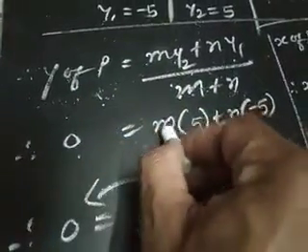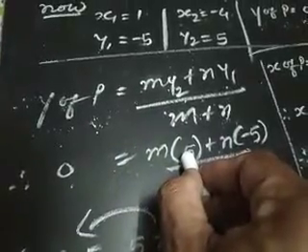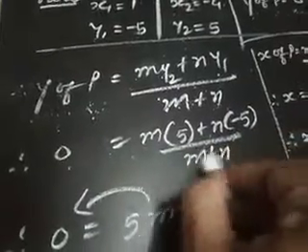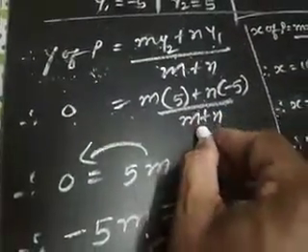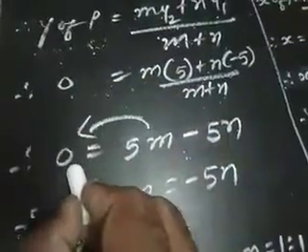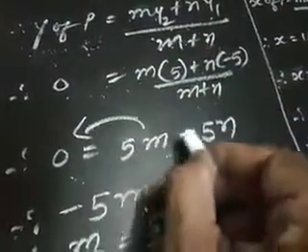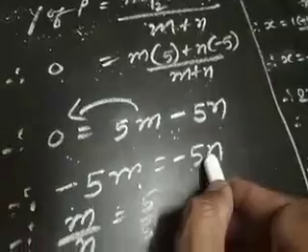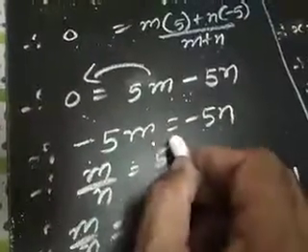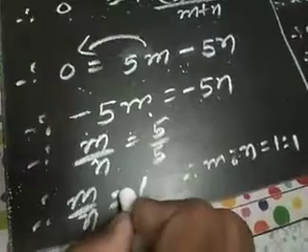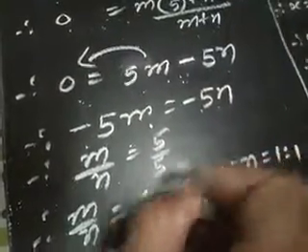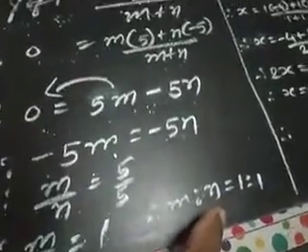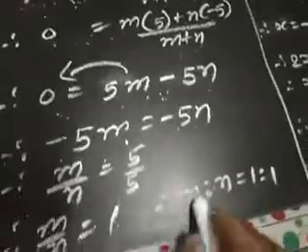So 0 is equal to (m times 5 plus n times -5) upon (m plus n). Multiplying by m plus n, we get 0 equals 5m minus 5n, so 5m equals 5n. So m:n is equal to 5 upon 5, which is 1, so m upon n is equal to 1. So m:n is 1:1. This is our ratio.